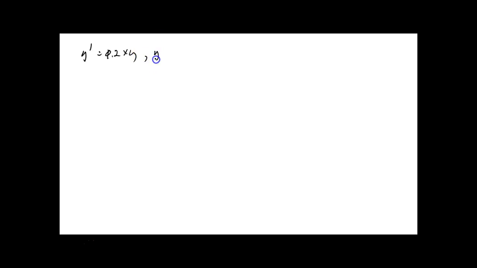I don't remember what our initial condition was. I wouldn't be surprised if it wasn't this. Y of 1 is equal to 1. Okay? So it says use Euler's method to obtain an approximation to y of 1.5. So just, again, stepping up half a unit from here. And we'll first use steps of 0.1 and then 0.05, just like before.